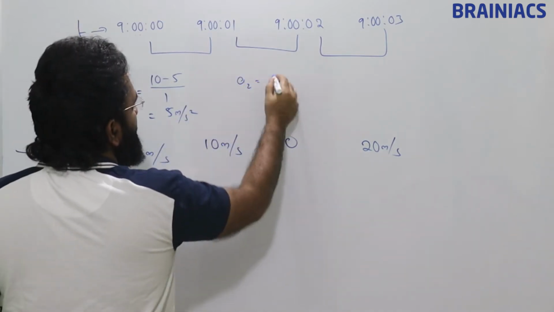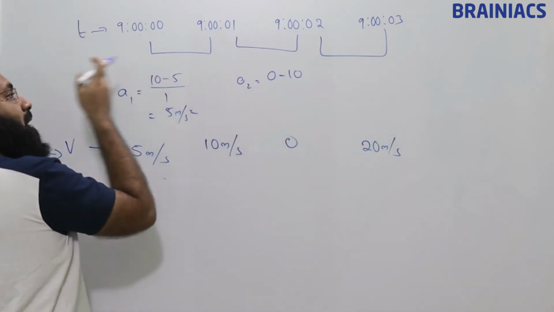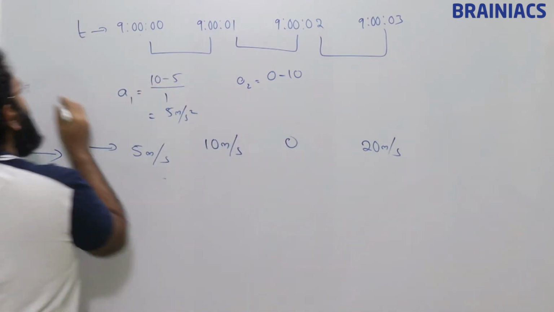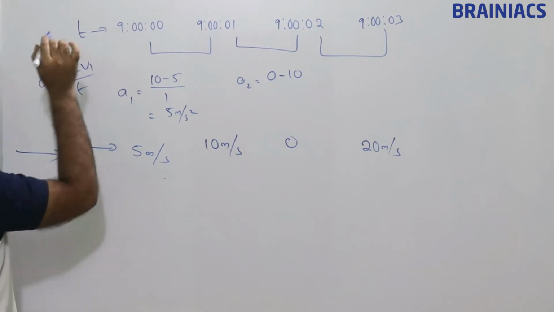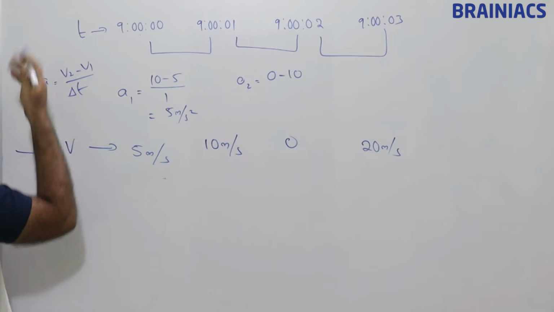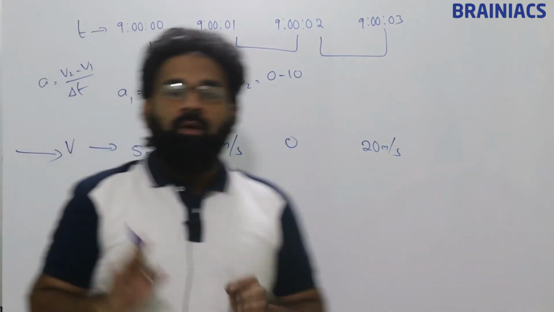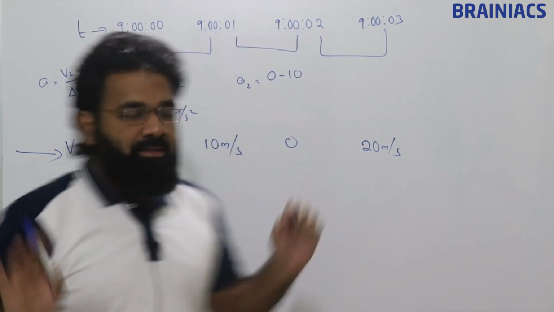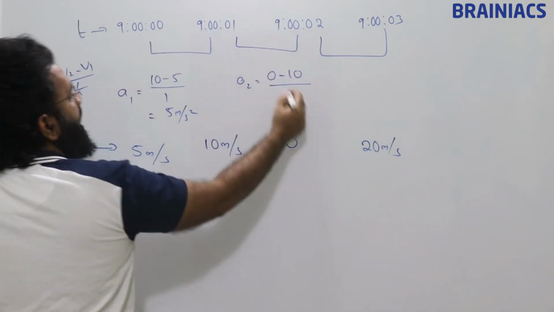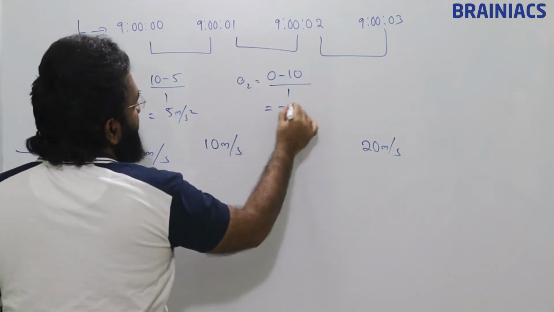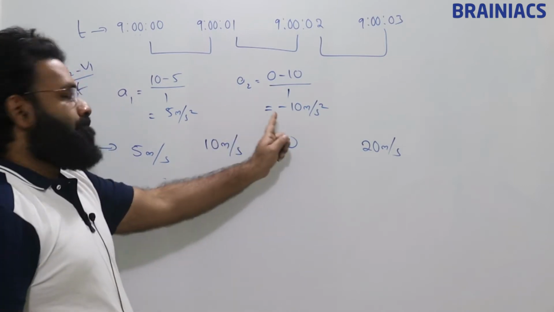A2, 0 minus 10, final minus initial, v2 minus v1. A is v2 minus v1 by t. T is time duration. I can put delta t, whatever you want you can write. Only thing is the concept or the application must be correct, that's it. So 0 minus 10 divided by again 1. So what we are getting, minus 10 meter per second square.